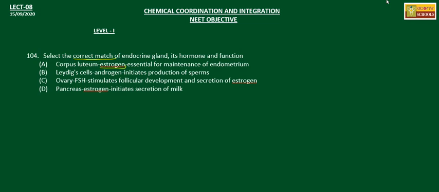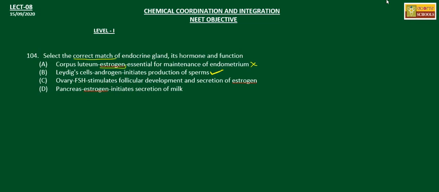So this is wrong, there is no matching. Then Leydig cells produce androgens, and androgens like testosterone will help in the production of sperms. Here the B is matching in all respects.